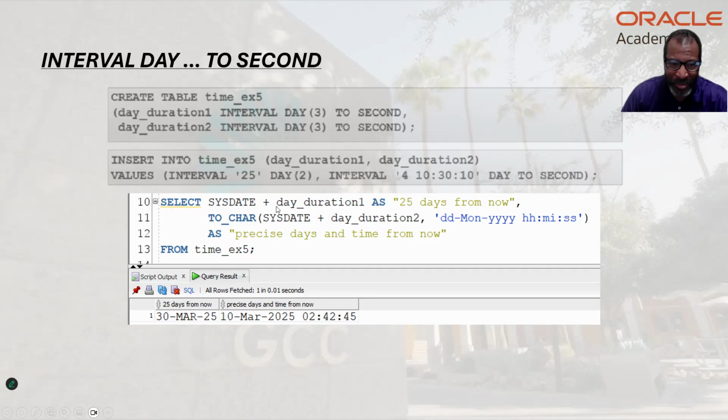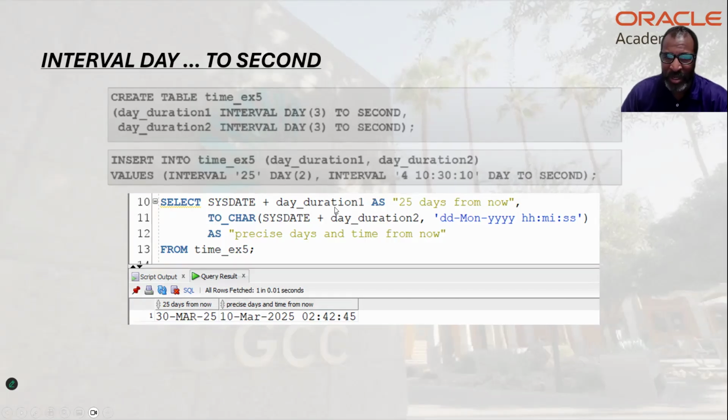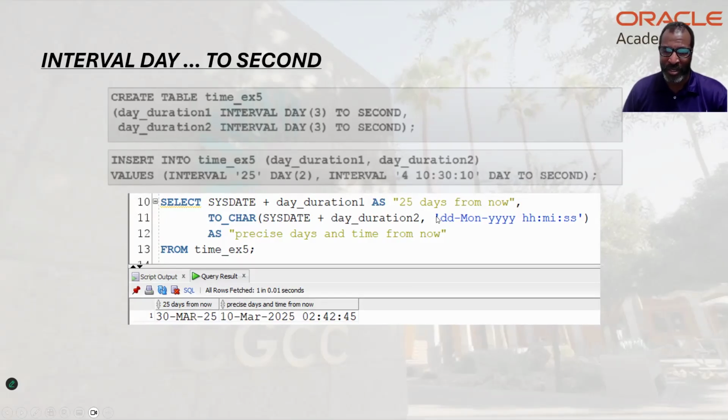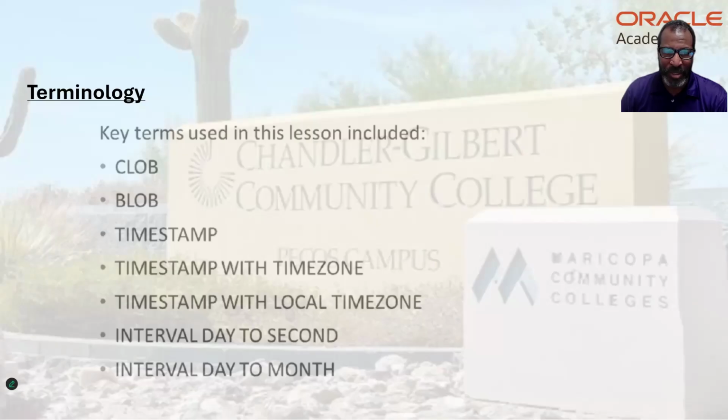The first one is 25 days, and the second one is interval 4, and basically we're taking this time and actually creating an interval to the second as represented in our format here. Is this useful? You'd have to determine if you need this type of precise data. If not, I don't know. It's just another way that you can manipulate data in your columns.